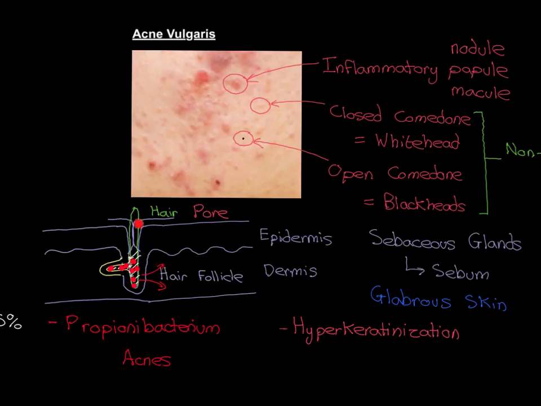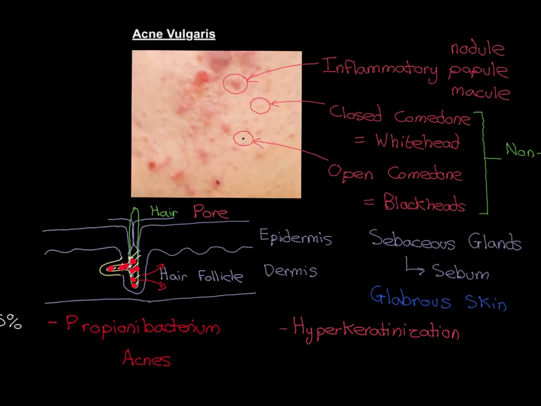Alternatively, the plug in the pore can stay closed and the whole thing can burst the other way and burst into the dermis and release all the sebum infected with Propionibacterium acnes into the dermis. That is a problem because that bacterium is not allowed inside the body. So the body will then initiate an inflammatory reaction, as it should do, to any invading bacteria.